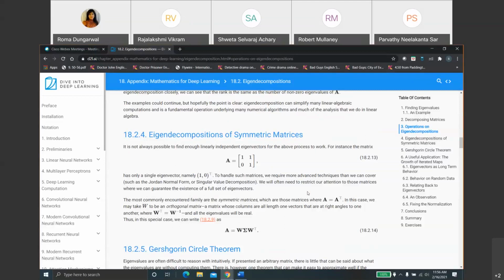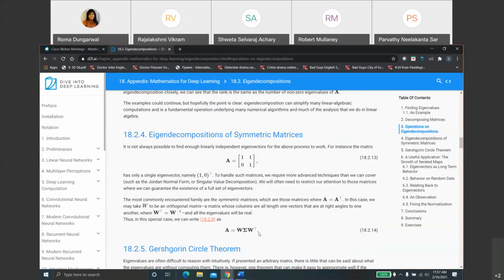So W transpose and inverse of W will be the same. So in the above equation A equals W sigma W inverse, instead of finding the inverse, obviously it is pretty easy to find the transpose. So you can represent the symmetric matrix A as W sigma W transpose.